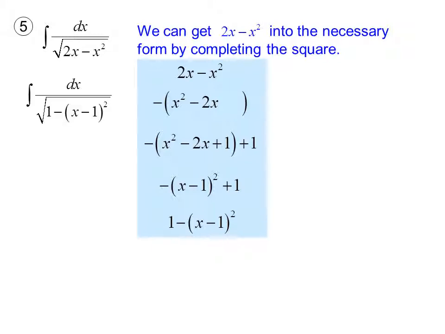So our integral becomes dx over radical 1 minus x minus 1 squared. Let u equal x minus 1. du equals dx. So I have the integral of du over radical 1 minus u squared.